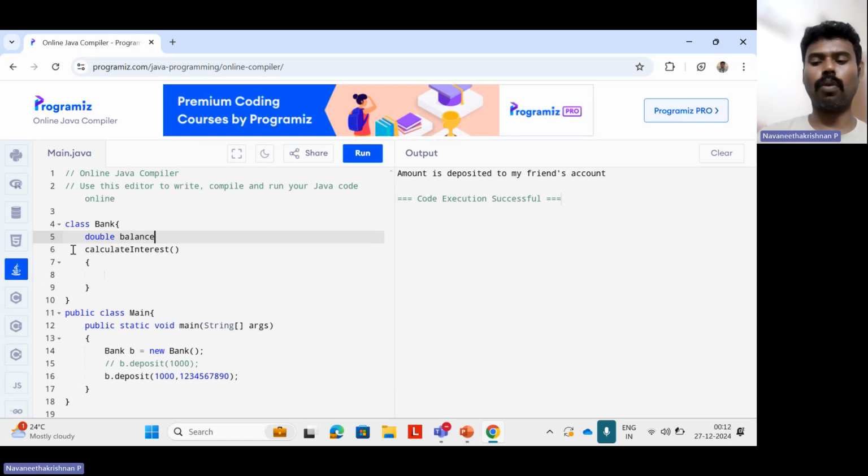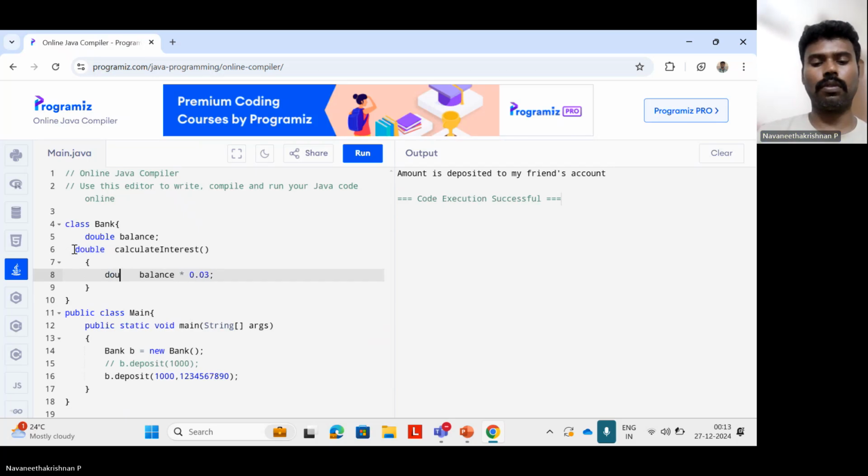For the balance amount we can calculate the interest. For a general, basic account, the rate of interest is 3%, which is 0.03. The return type we can have as double.